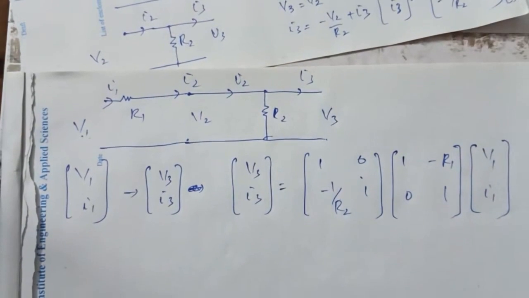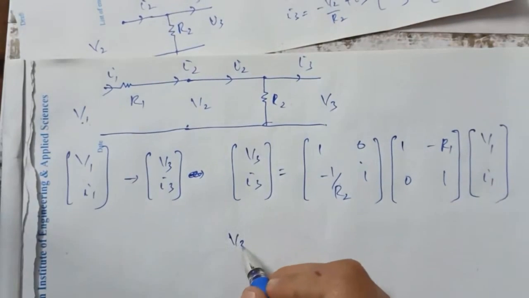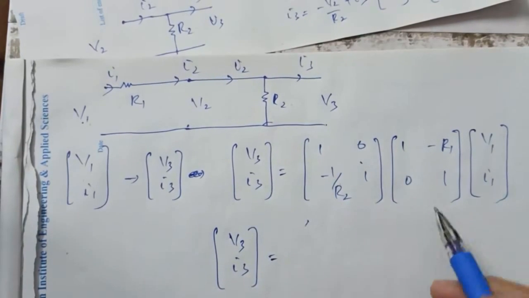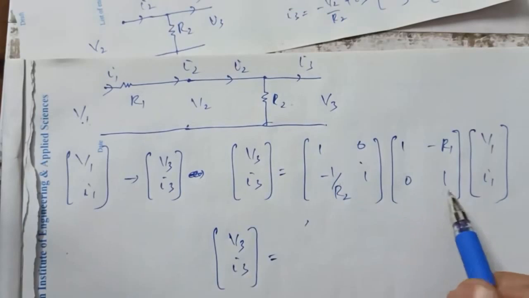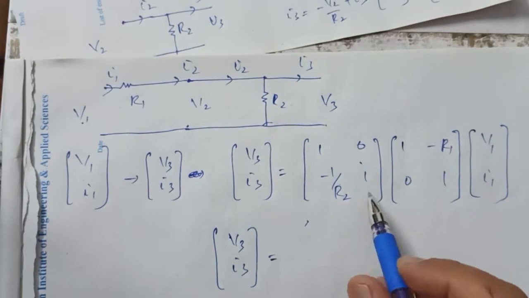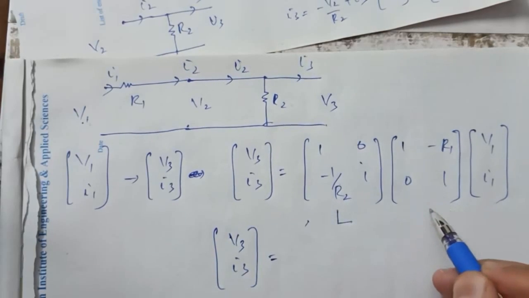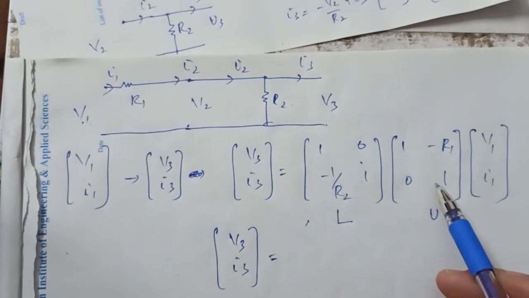Now this can be written as V3, I3, and you can simply multiply. You can think of this as a lower triangular matrix and an upper triangular matrix. This one is a lower triangular matrix and this is an upper triangular matrix. We know this is coming from a series circuit and this is coming from a shunt circuit.